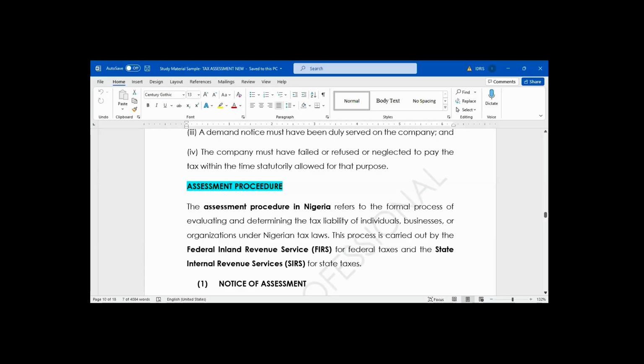If the tax authority comes to do a tax audit in your company, after the tax audit, the first thing that they will give you is a notice of what? Notice of assessment.